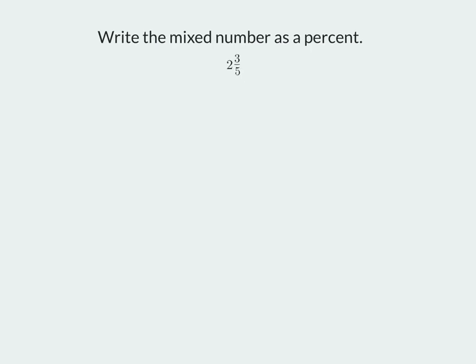Write the mixed number as a percent. In order to convert a mixed number to a percent, we first need to convert the mixed number to an improper fraction. So we have 2 3/5. To write this as an improper fraction, we'll multiply the denominator by the whole number and then add the numerator and then divide by the original denominator.